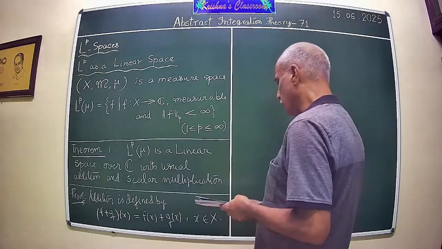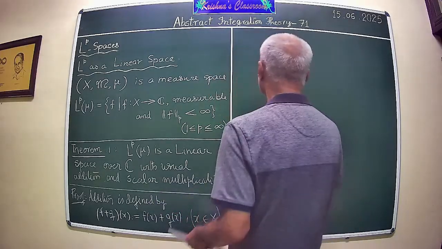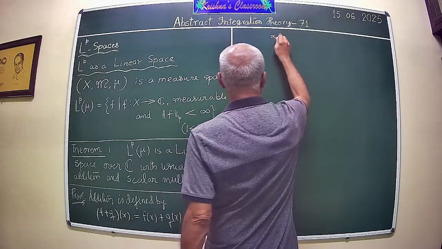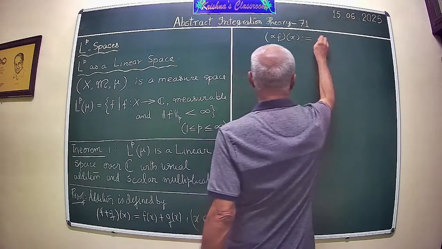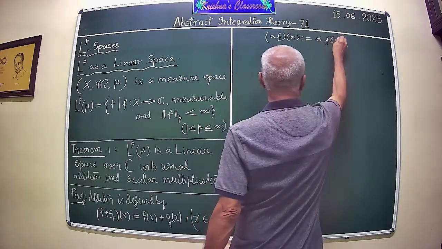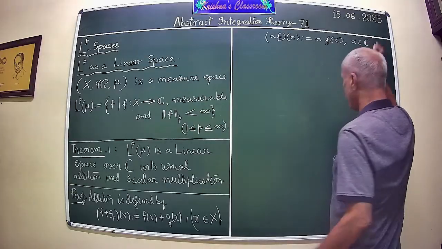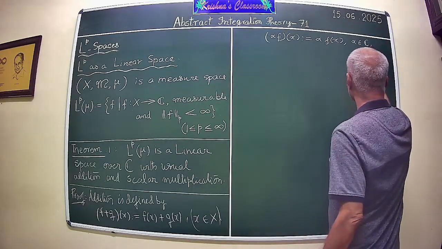Now this is true for every x belonging to X, and similarly the scalar multiplication, with alpha belonging to C and x belonging to X.